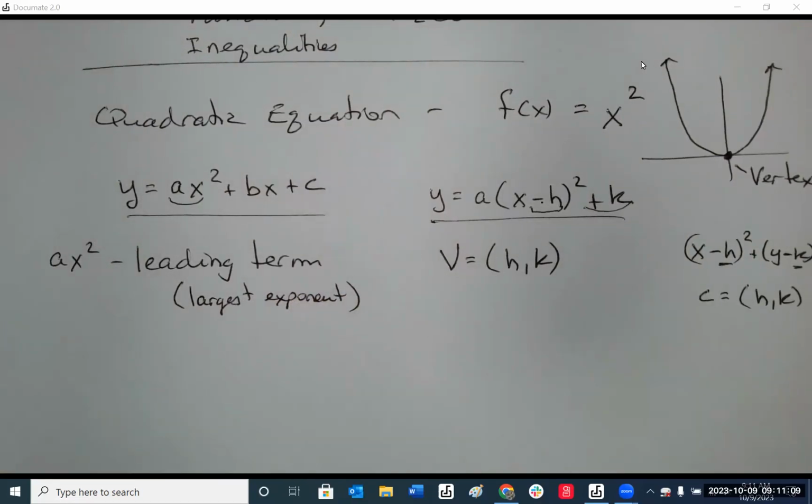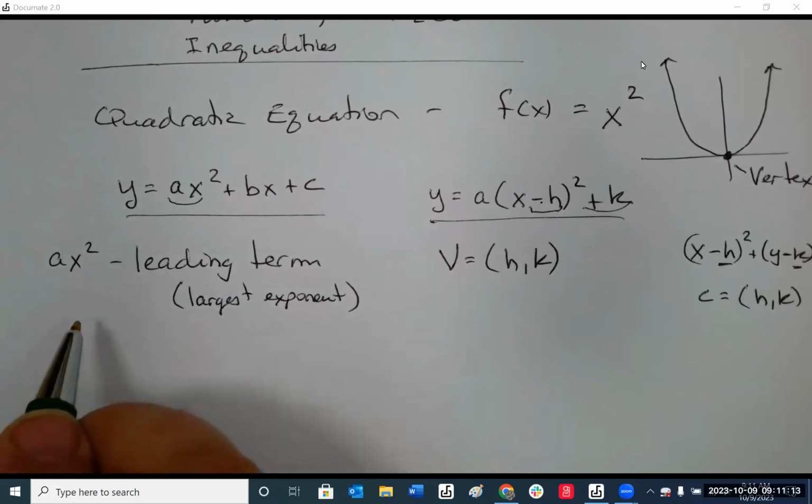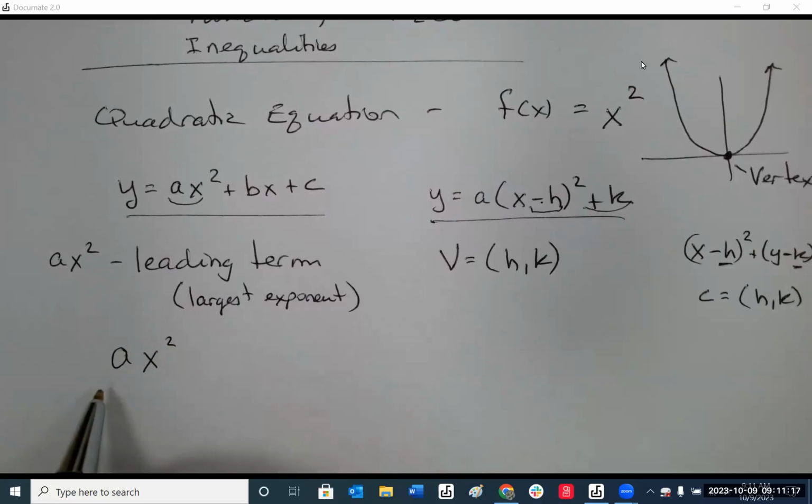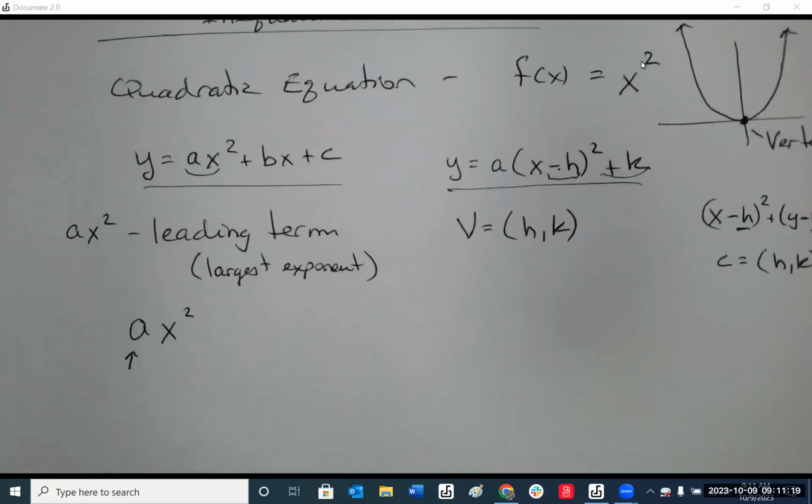That's what makes up the term. The a in front is called the leading coefficient.